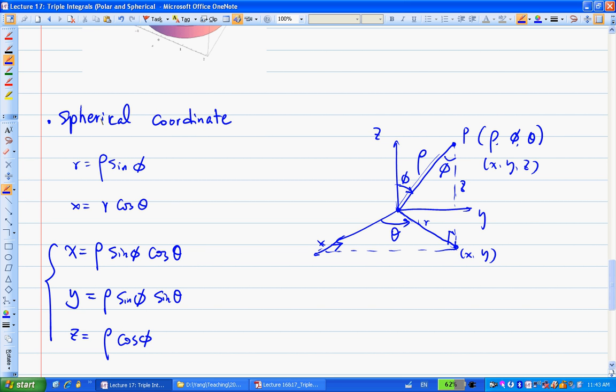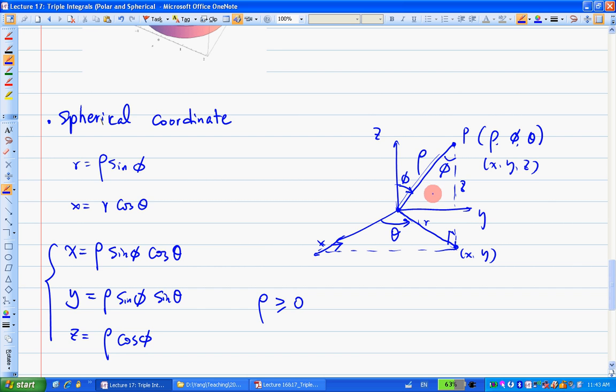Now, a couple of important things regarding the definition of rho, phi, theta. First of all, rho is not going to be a negative number. So rho is always greater than or equal to 0, because rho is the distance from the origin to the point P. So the smallest is 0.